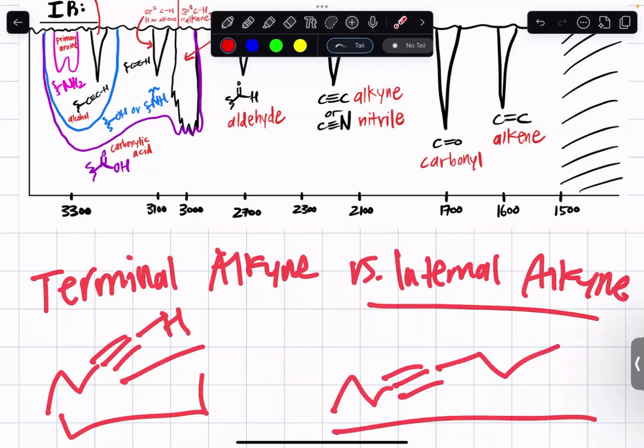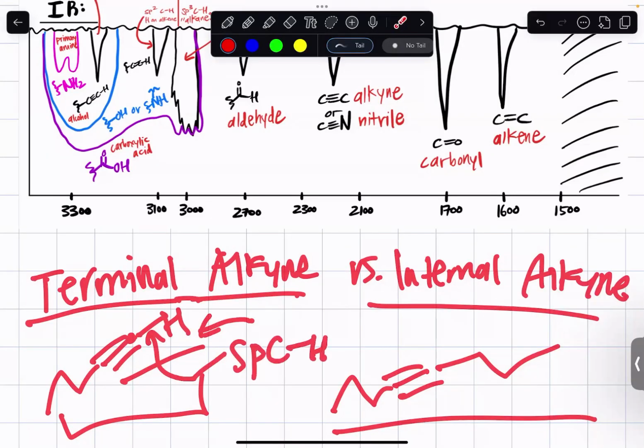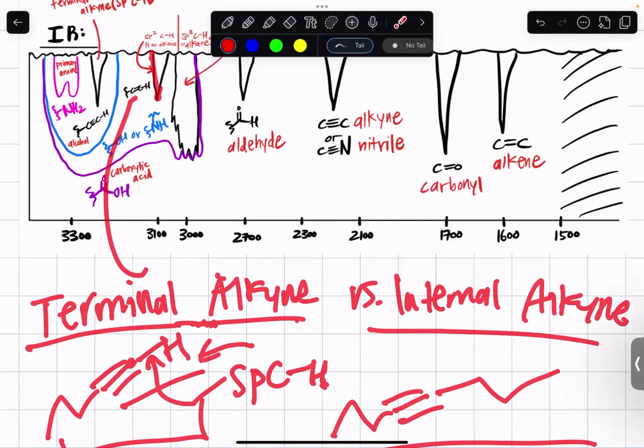And notice how the terminal alkyne will have a hydrogen attached to it at the end of the molecule, which will give us this bond here, between an sp carbon and hydrogen. So a terminal alkyne will always have that peak right there at around, oh no, not this one, that's sp2 carbon hydrogen. This peak right here, around 3300, because it is at the end having a hydrogen.